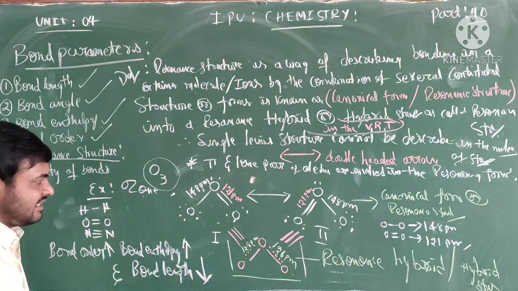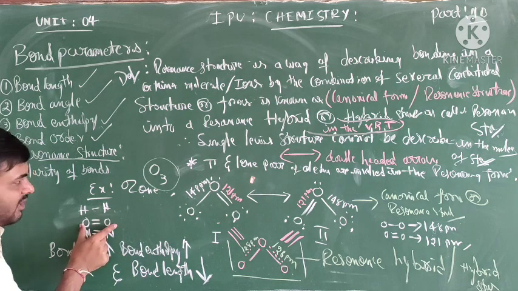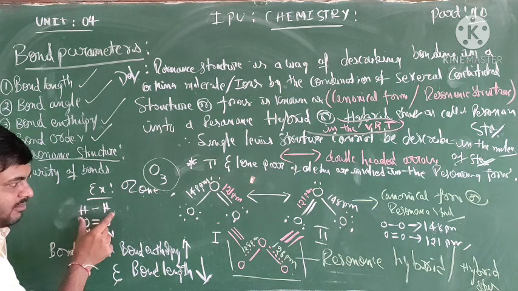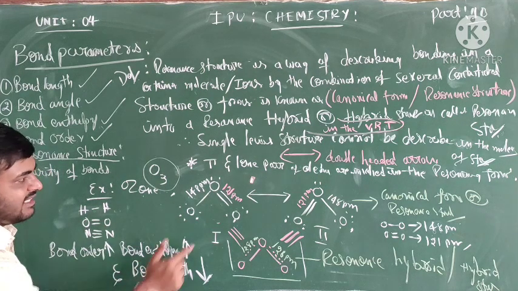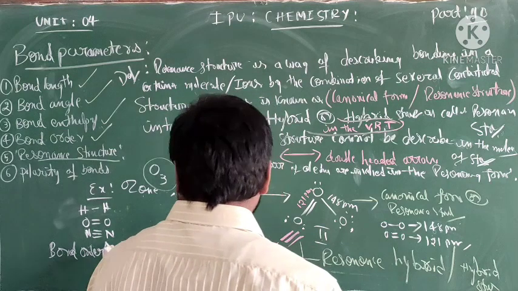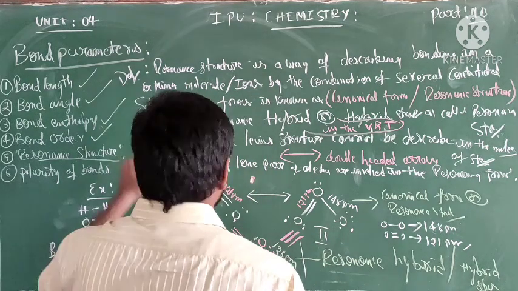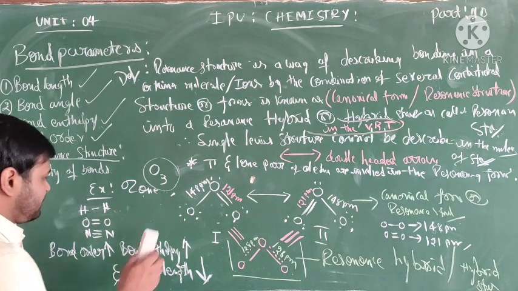But bond length decreases. See here, for a single bond the bond length is 148; for a double bond, the bond order increases and this makes the bond length decrease. Okay, this is about bond order, bond enthalpy and bond length. Okay students, clear?